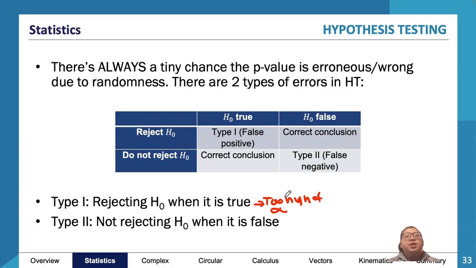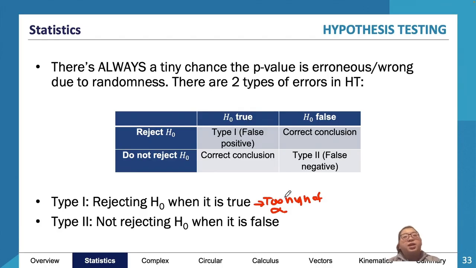The higher it is, the more likely you're going to commit a type 1 error, because you might get a p-value of 0.05 exactly, and your h0 might actually be true, but because your significance value is 0.05, you're going to say, oh, I'm going to reject it, right? Whereas if you had a significance value of 0.01, you might not reject it for the same p-value.